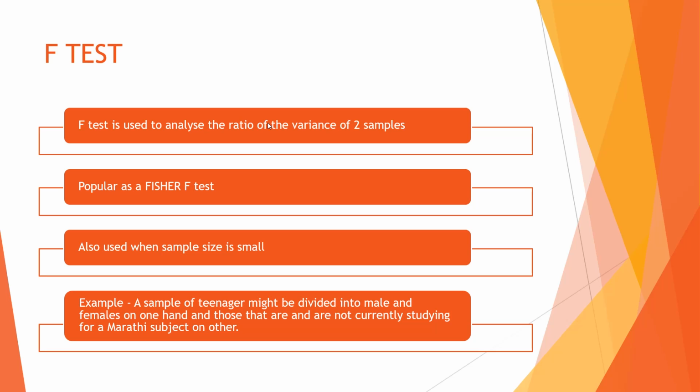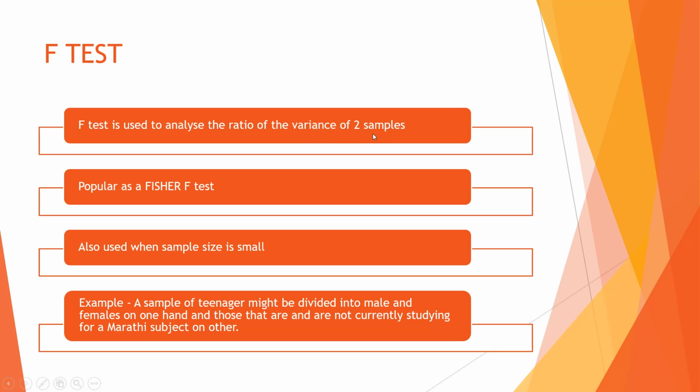Example, a sample of teenagers might be divided into male and females on one hand, and those that are and are not currently studying for a Marathi subject on the other. So what we have done, we have divided into male and females, whereas what is the other matter, that is whether they are studying the Marathi subject or not. There are two variants, two samples.